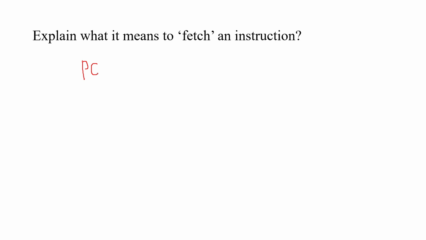Because remember, PC is not copying its instructions into MAR. MAR is the one that's going into PC. So what's happening is the memory address register is copying the location in memory where PC has the instruction. So what's in MAR is just a location in memory.